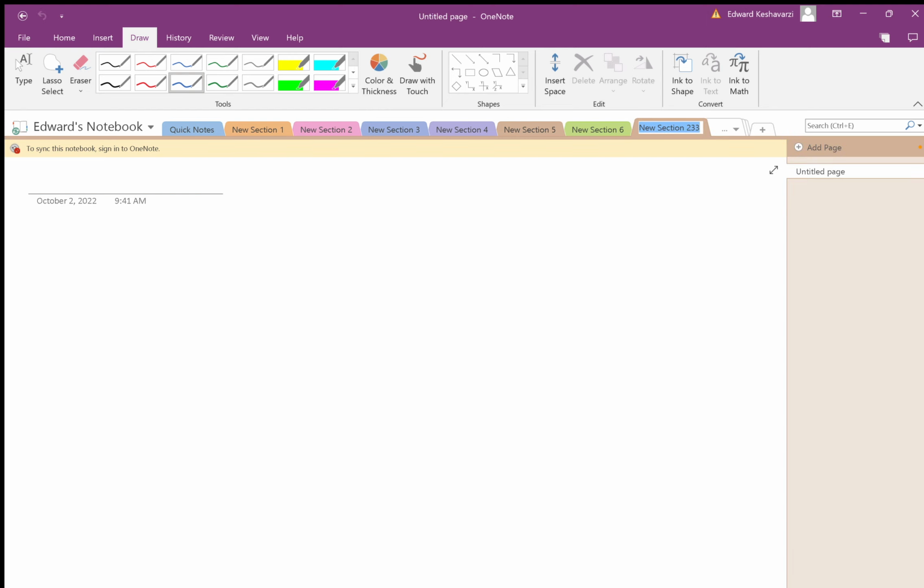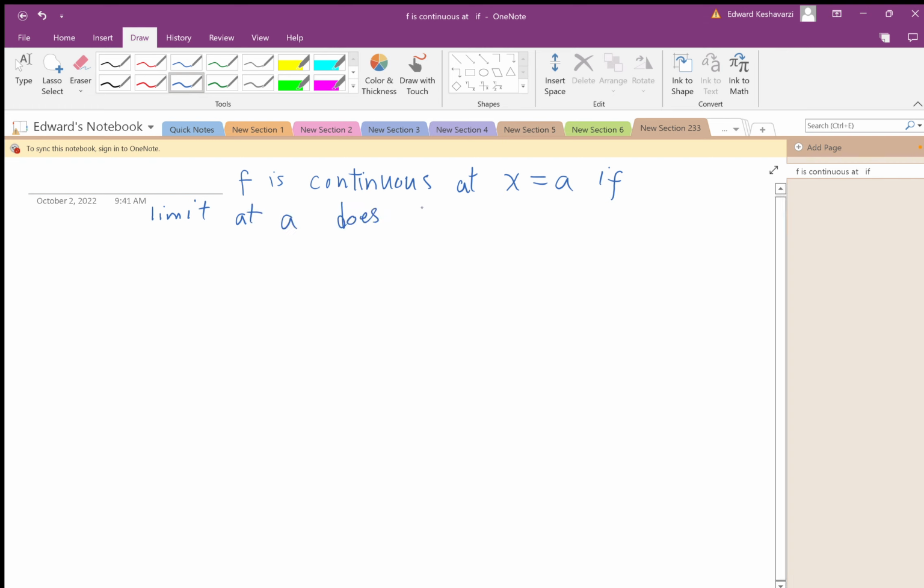Therefore, I'm going to write the definition of continuous functions at a point. So f is continuous at x equals a if limit at a does exist and is equal to f of a.